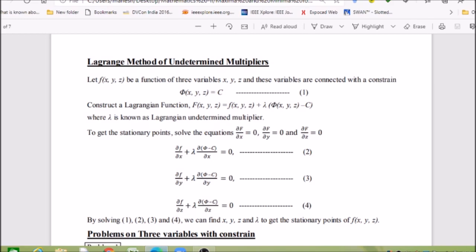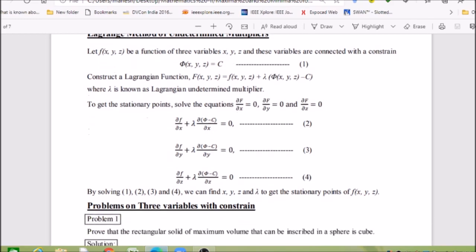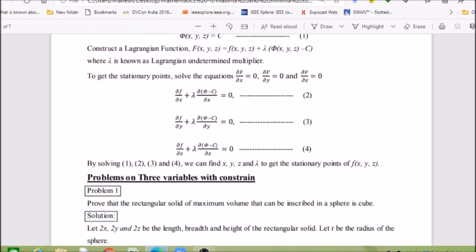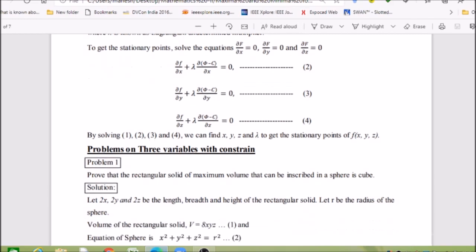That is equation 3. Dou f by dou z plus lambda into dou phi by dou z equal to 0, that is equation 4. Since the derivative of a constant is 0, we are not considering that value. So solving equations 1, 2, 3 and 4, we get x, y, z and lambda to get the stationary points of f of x, y, z.